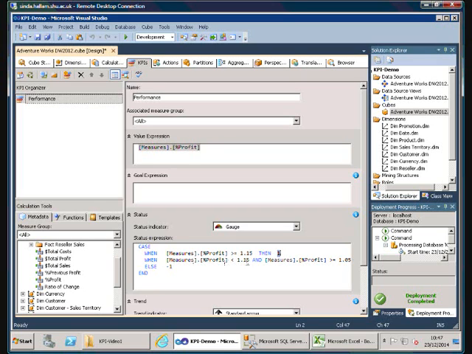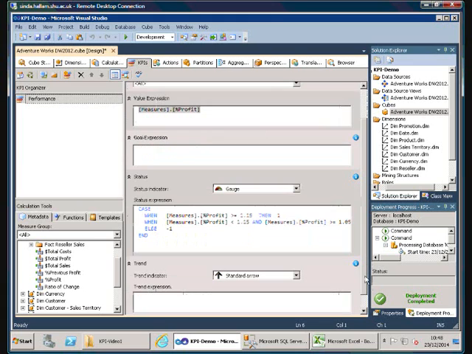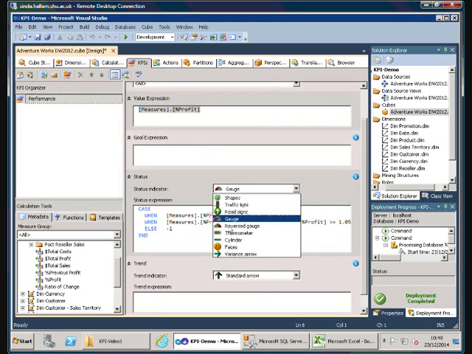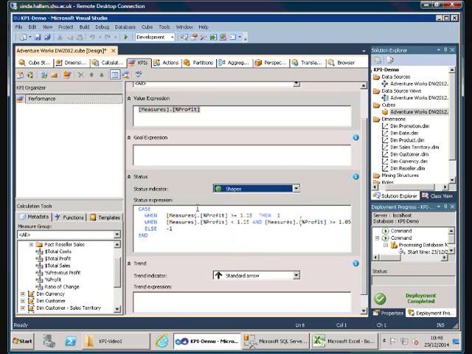When it's between 15% and 5%, it's okay. Otherwise, it's bad. And Excel will display one of the different indicators to show good is green, yellow will be okay, bad will be red.